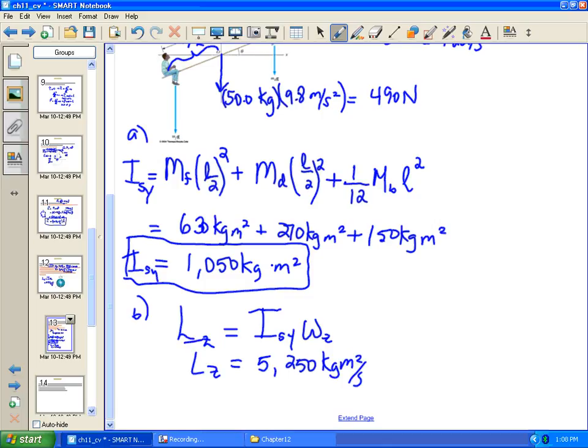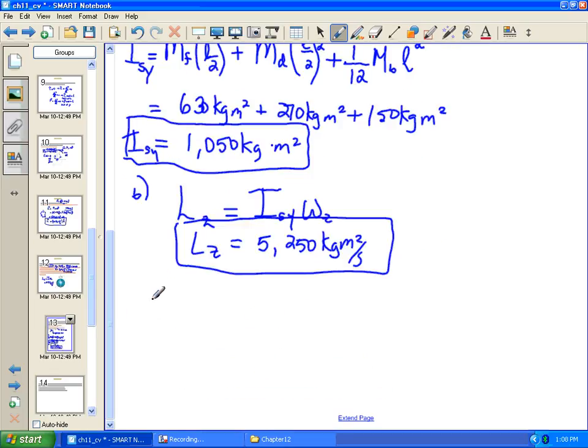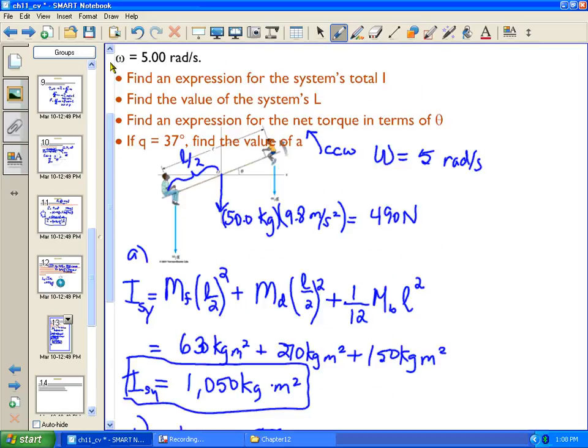That's our angular momentum. Next, we're asked to determine the torque of the system as a function of the angle theta. Now, to do that, we have to come up here and see about where this rotation is occurring. You can see that this is not an equilibrium problem, because the rotation really does occur. You can see the father is rotating downward in a counterclockwise direction.